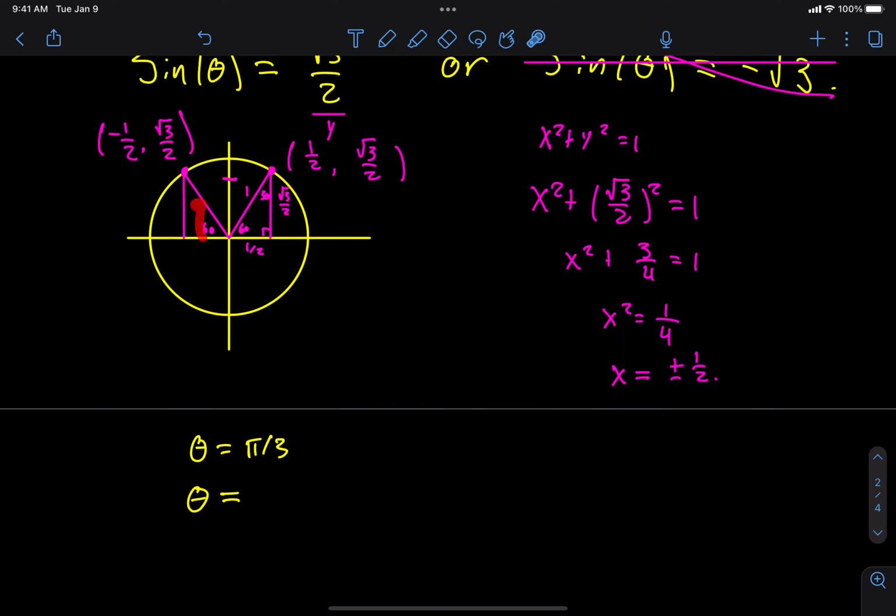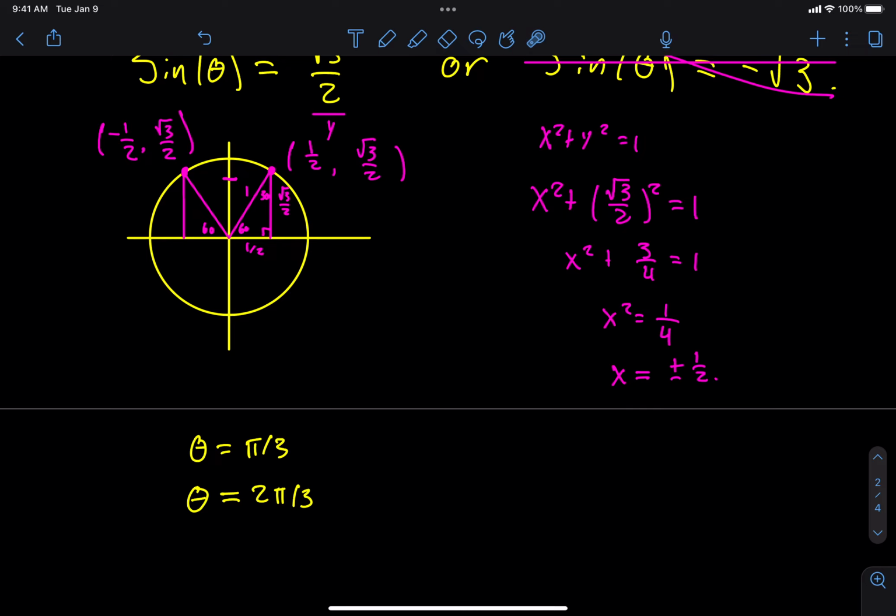Yeah, so look, pointing straight to the left is pi, and I need pi over 3 less than that. Okay, so that's how I like to think about it in order to get 2 pi over 3. Because 3 pi over 3 is pointing straight to the left. And I need pi over 3 less than that, which is minus pi over 3 from this, so that's how you get 2 pi over 3.